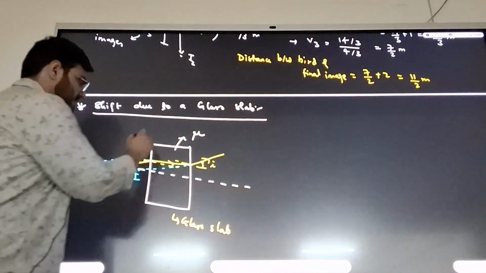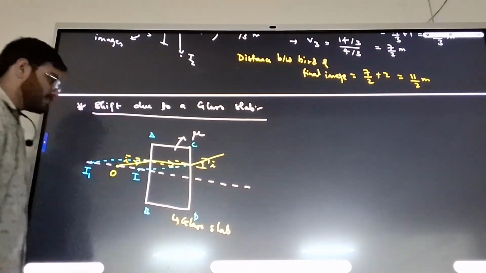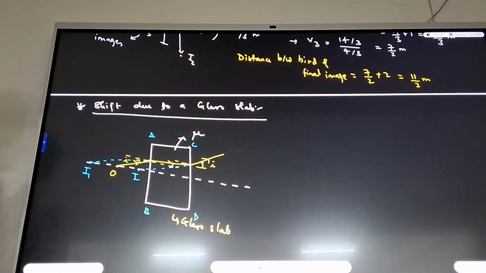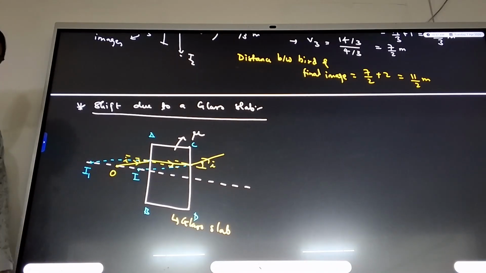Let me give some names: A, B, C. Virtual object gives a real image. It will be an image, let's say image I. Do you get it that this will act like a virtual object and create this image I?